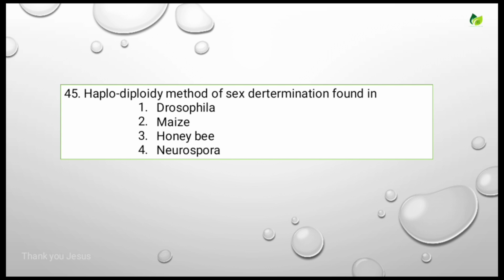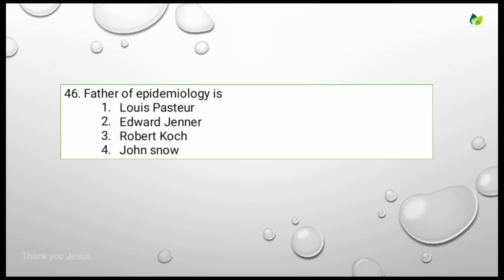The correct answer is honeybee. Let's see the next question. Father of epidemiology is Louis Pasteur, Edward Jenner, Robert Koch, John Snow. So John Snow is generally regarded as the father of epidemiology. Let's see the next question.